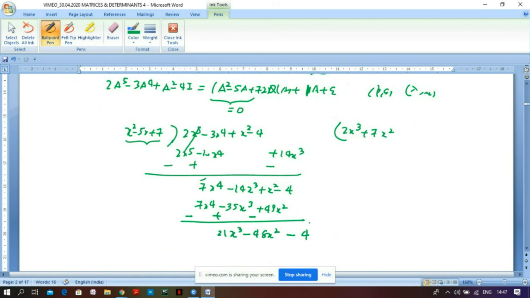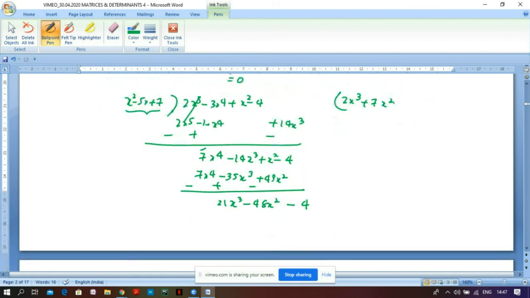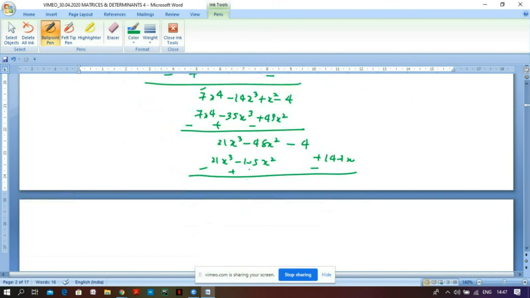Then we will write here now 21x. That will give you 21x cubed and minus 105x squared and 21 into 7, so 147x. I can again change the sign: negative, positive, negative. And I'll change the page and I can write 105 minus 48, so that is your 57x squared, and in order, minus 147x and minus 4.